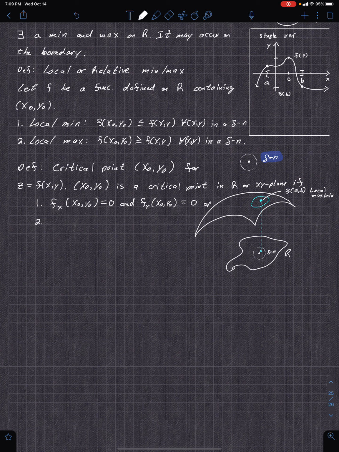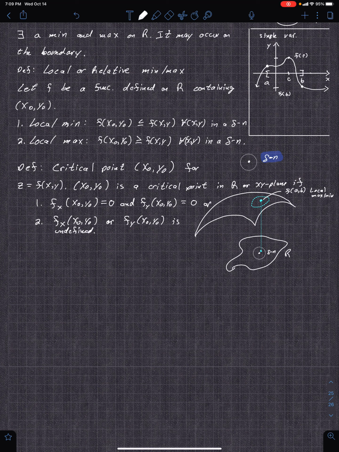Or two, either partial f x of x naught, y naught or partial f y of x naught, y naught is undefined. So either one can be undefined.